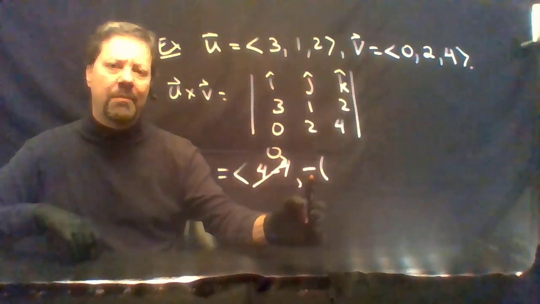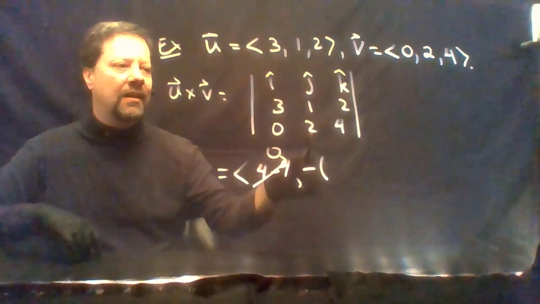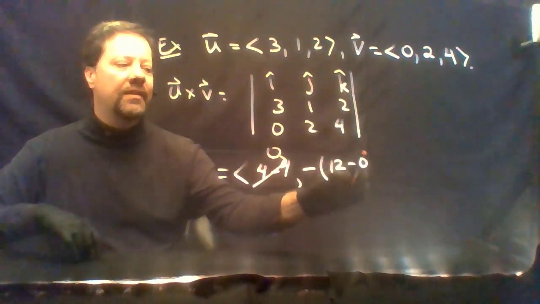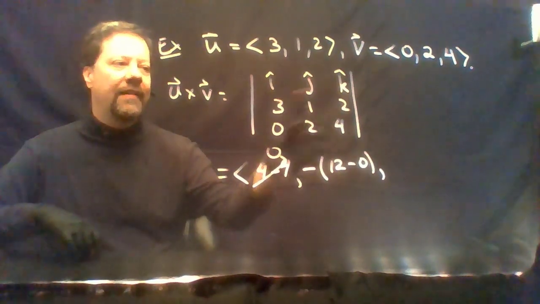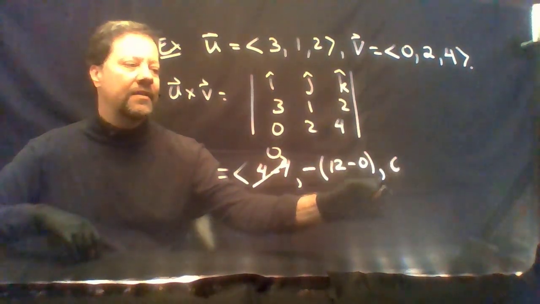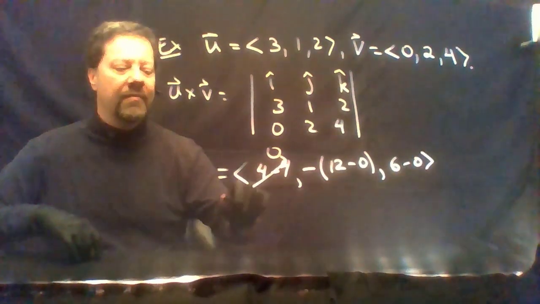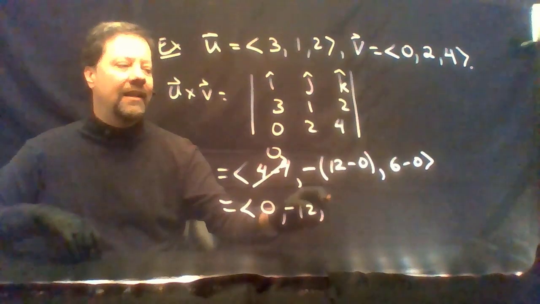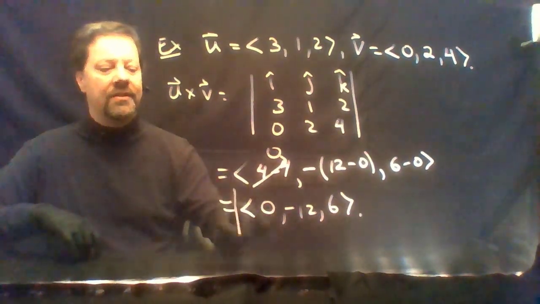I'll preemptively put a minus here. Cross out the column and row, and you'll get 12 minus 0. And then on the last cofactor, it's plus, and you get 6 minus 0. So the cross product is 0, -12, 6.